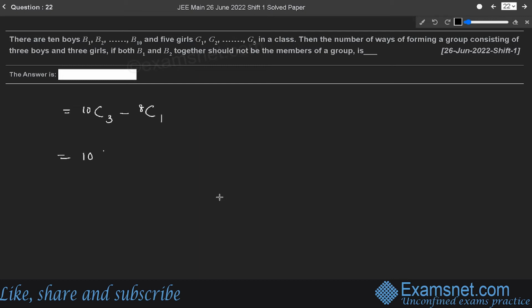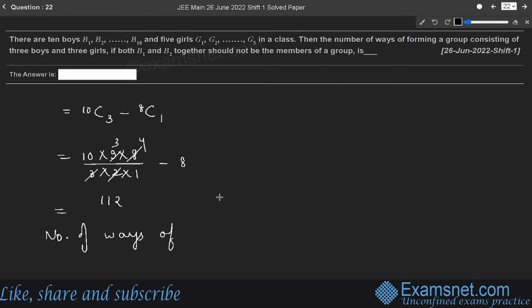So this will be 10 into 9 into 8 divided by 3 into 2 into 1 minus 8. So again, this will be cancelled and this will be equal to 112. Now, the number of ways of selecting 3 girls will be equal to 5C3 because there are total 5 girls.